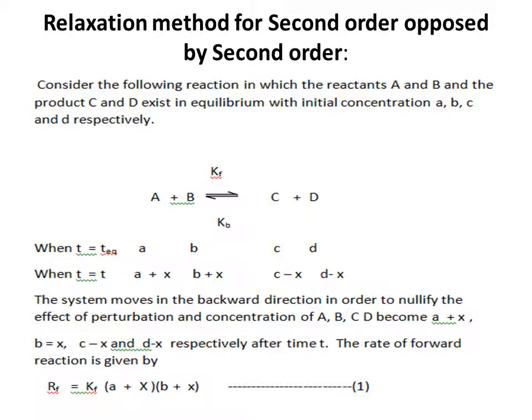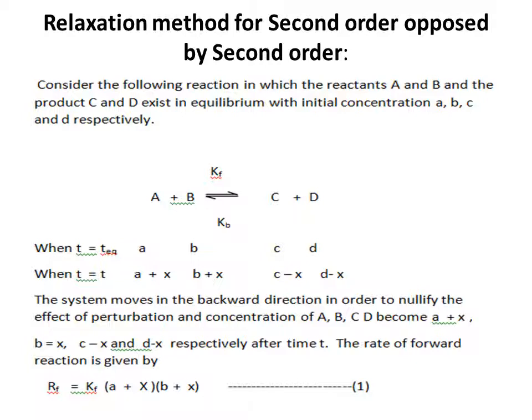When T is equal to T equilibrium, since the reaction was already in equilibrium, concentration of A is A, that of B is B, and concentration of C is small c, and D is small d.